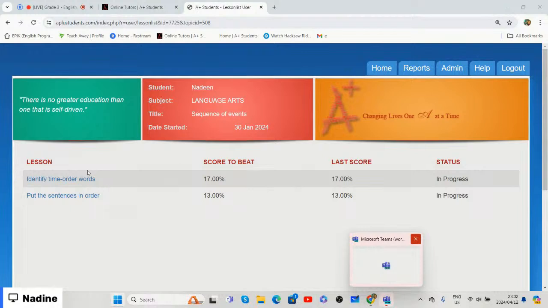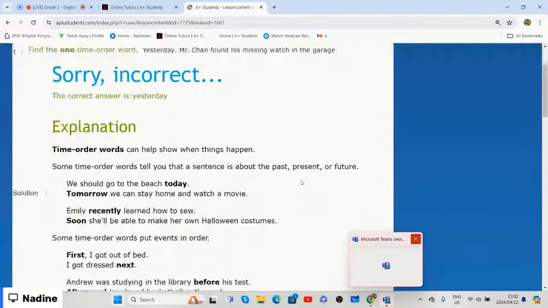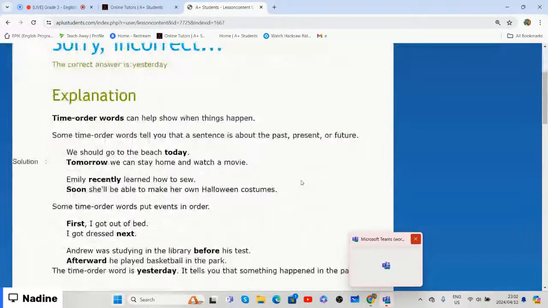So things that are in order, we can say it's like saying first, second. Those are words that we will be able to use.